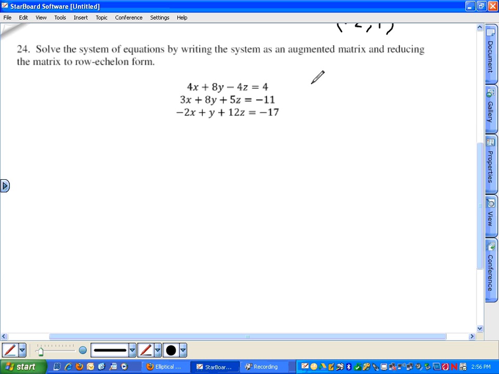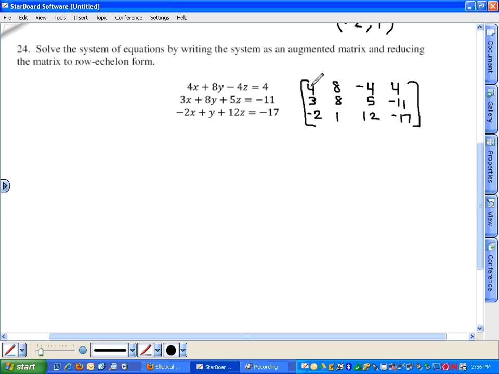So we first need to write the augmented matrix. 4, 3, negative 2. Okay, first concern here is that this is not a 1.